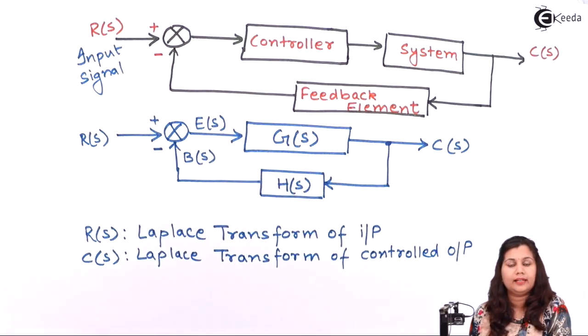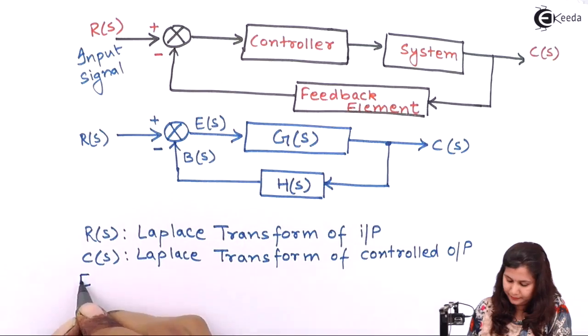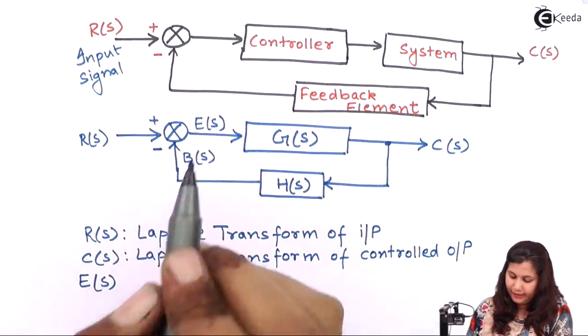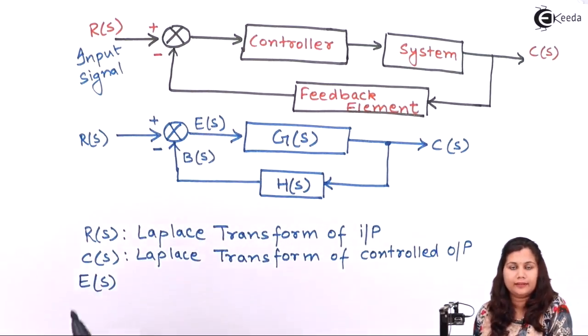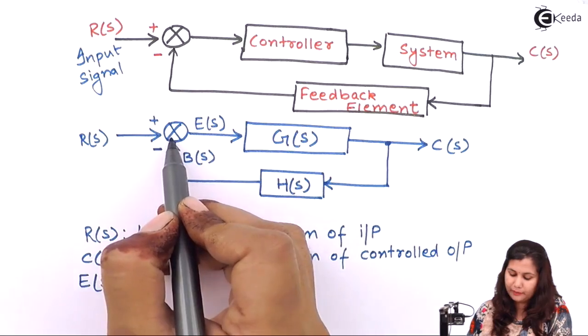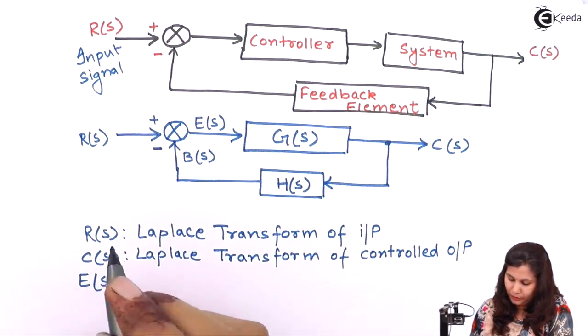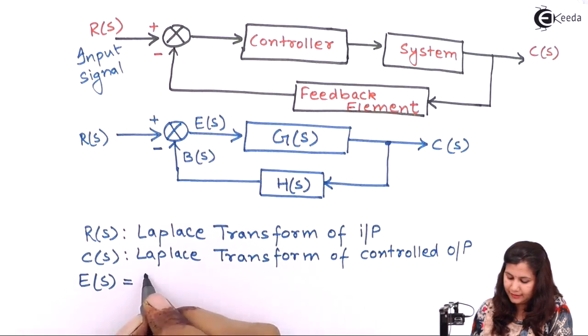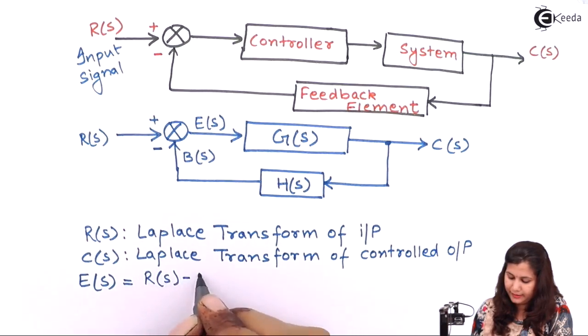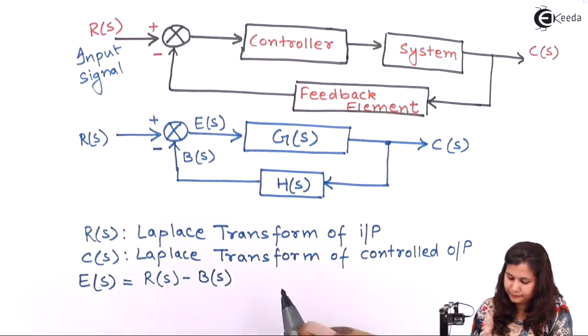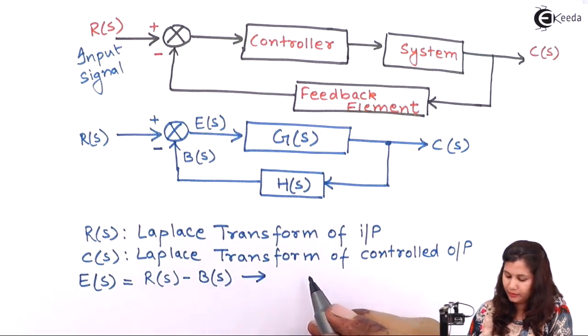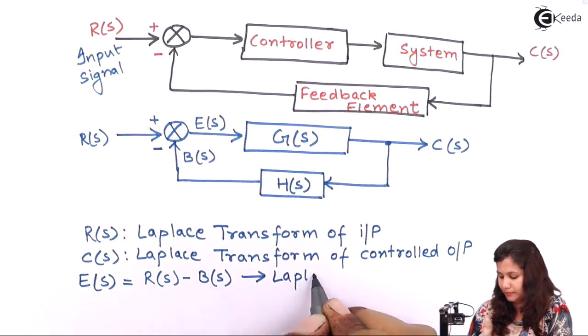E(s) is the Laplace transform of the error signal. E(s) is called the error signal because it is the difference of the input signal and the feedback signal. So we can write E(s) as R(s) minus B(s).